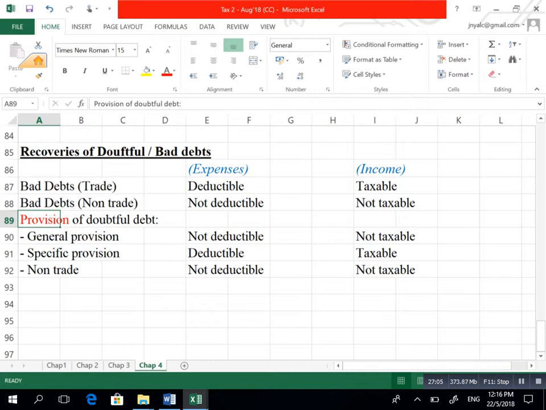Specific is better? The worst one, then. Are you sure? Specific, alright. Specific is worse compared to general. Okay, acceptable. Any other points?